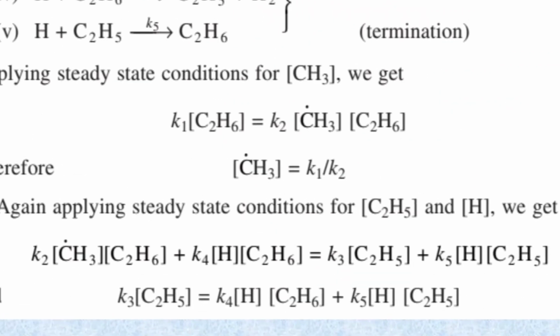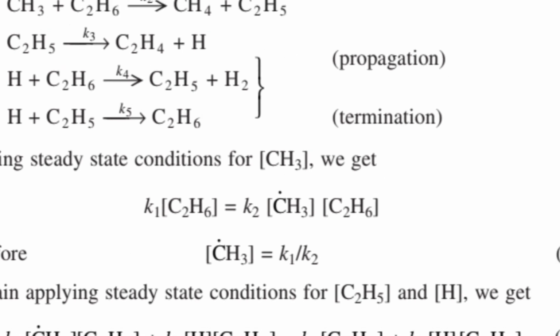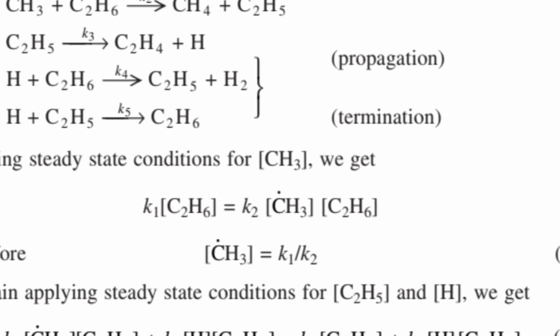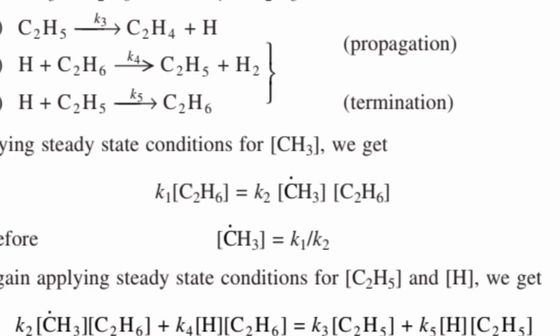Hence k1[C2H6] − k2[CH3][C2H6] = 0, and on rearrangement we will get this equation. k1[C2H6] = k2[CH3][C2H6]. From this we can know the concentration of methyl radical, that is equal to k1/k2.